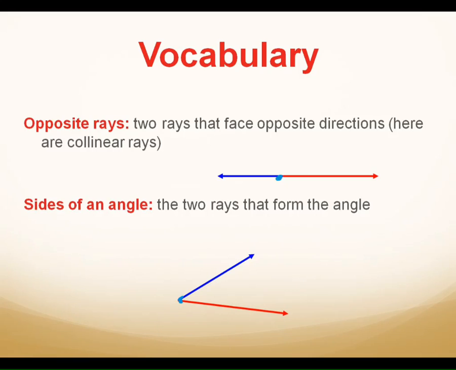These form an angle. So two rays meet at this initial point called a vertex. That's what creates an angle. So now we know line segments, lines, rays. Opposite rays are two rays that lie flat and are collinear, they make a line. And two rays together that share an initial point like this form an angle.